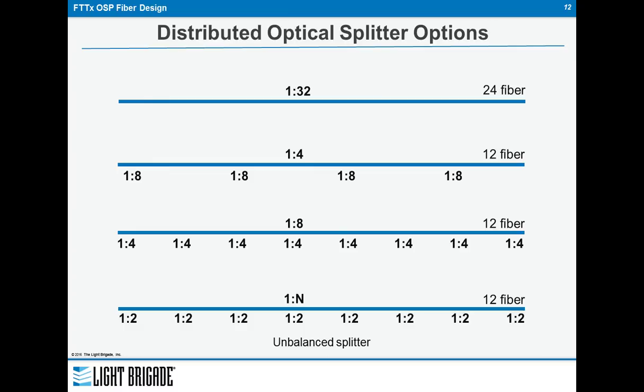And then the very bottom line is what's called an unbalanced splitter, an uneven splitter, where in a linear relationship, each splitter is selected for its pass-through as well as drop power. These can be attained in a variety of configurations.